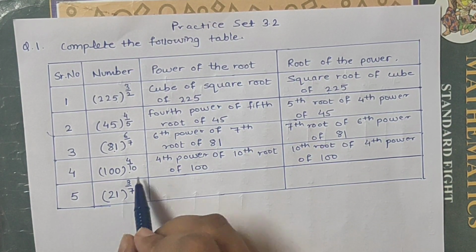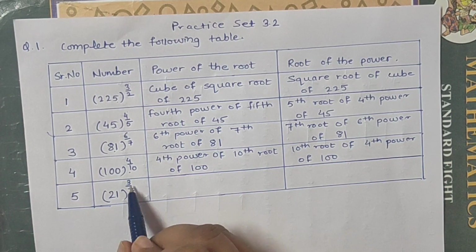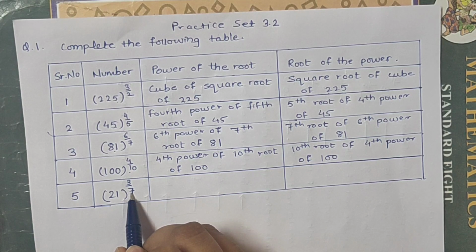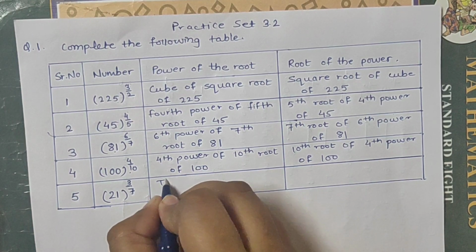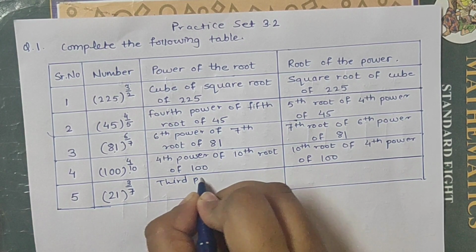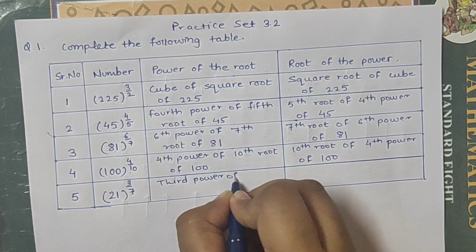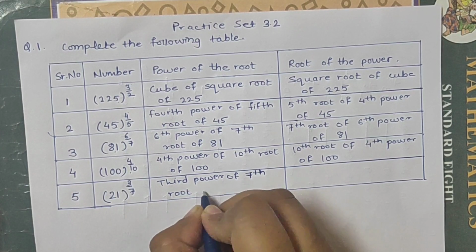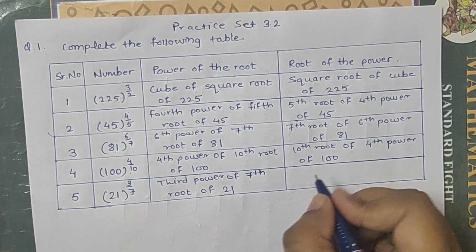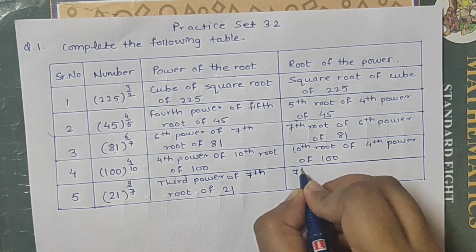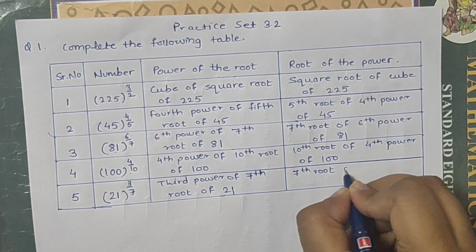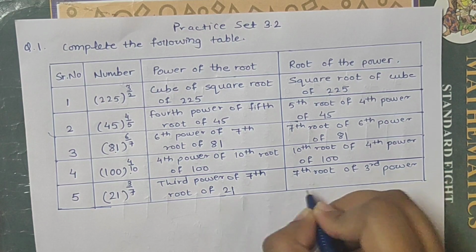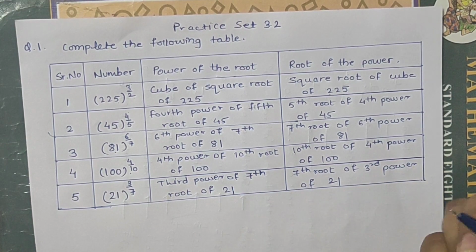Similarly, 21 raised to 3 upon 7. Third power of 7th root of 21. And here 7th root of third power of 21.